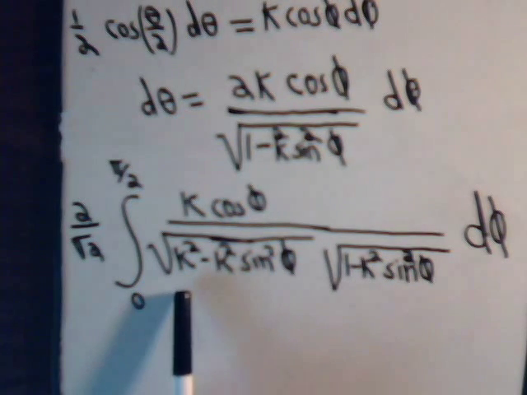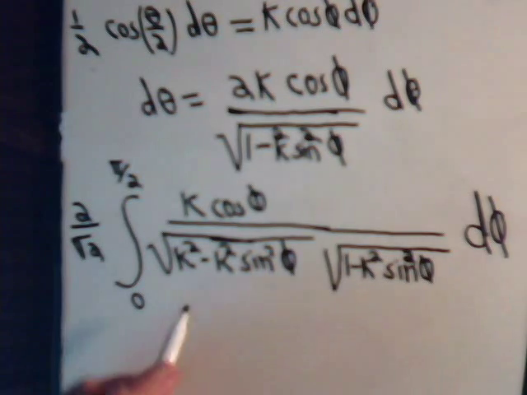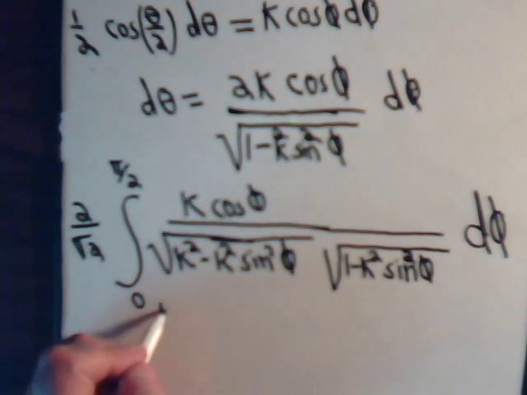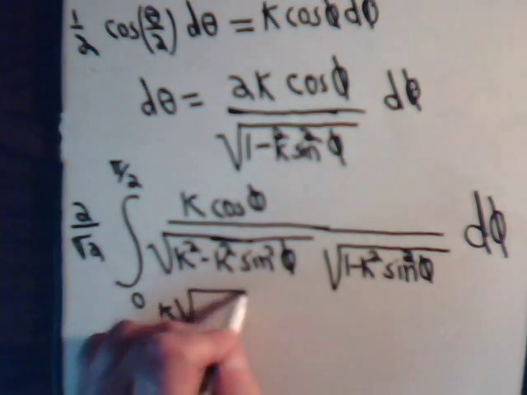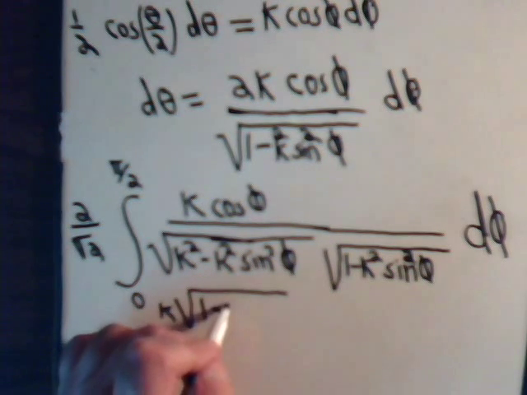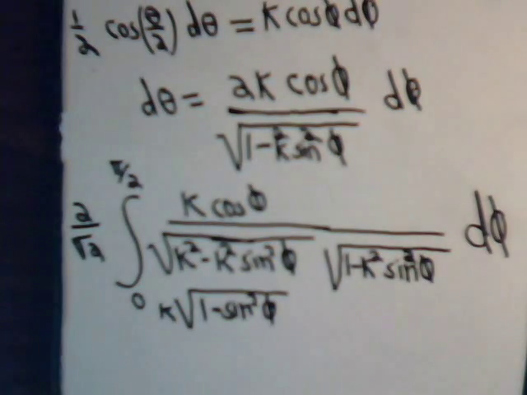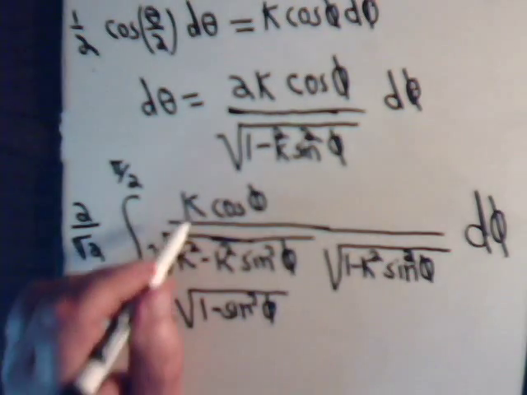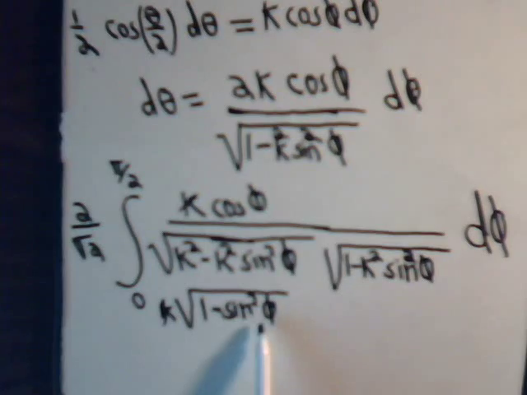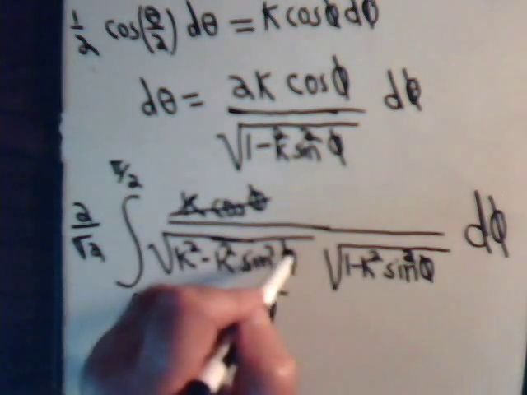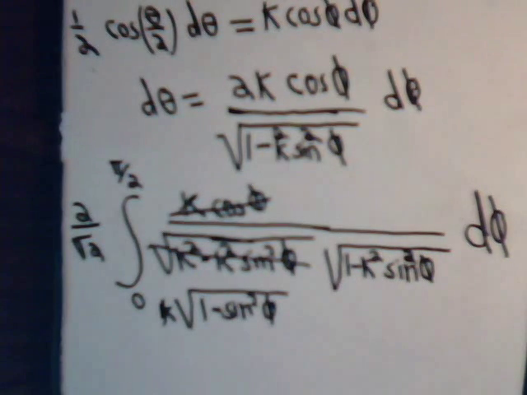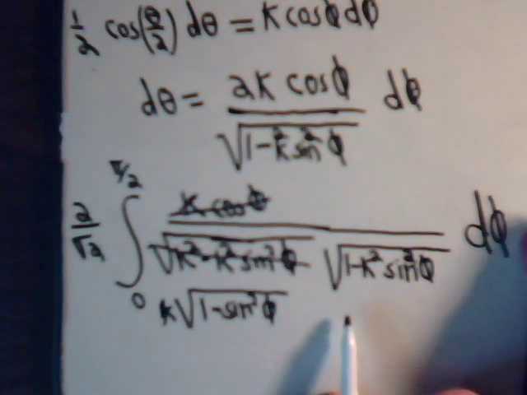Now notice we can factor k squared out of this, but this is just going to be then take the k to the outside, and we have 1 minus the sine squared of phi. Of course, these k's cancel. This is the cosine of phi, which is what that is. So this and this cancel out, and the only terms left in the integral then are these two.